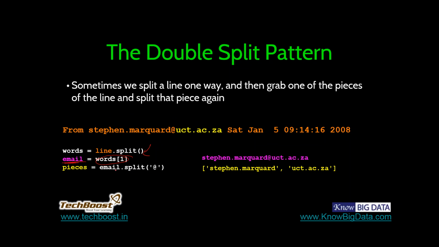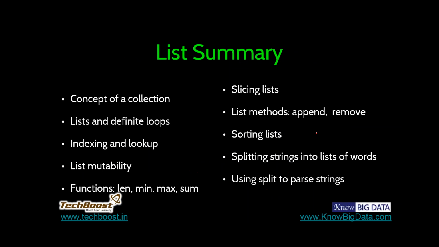Now we're trying to split the email address also based on the at the rate, and we get this list, and we say that whatever is the second word is my domain name. Get this? Yes. So it is very useful to use lists.